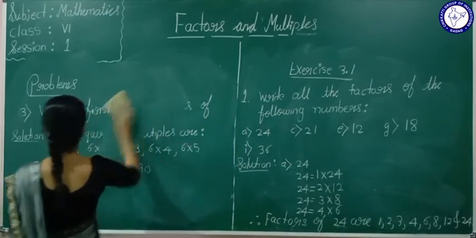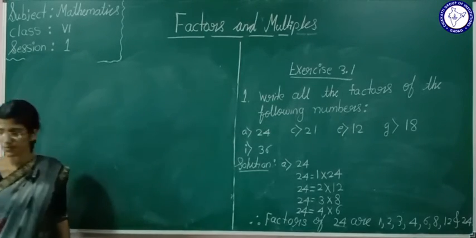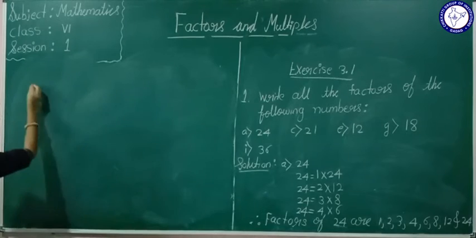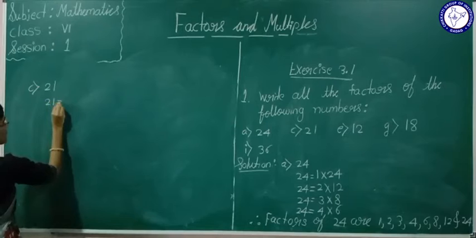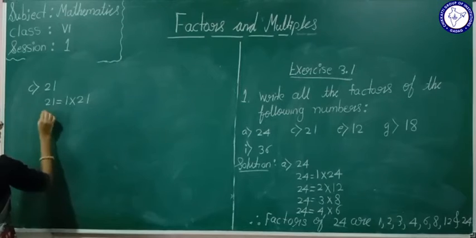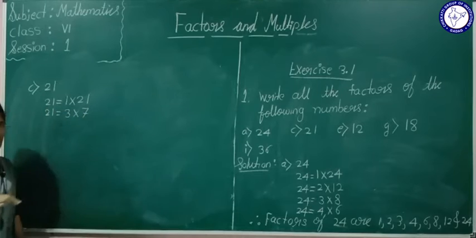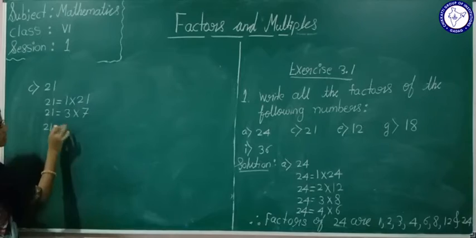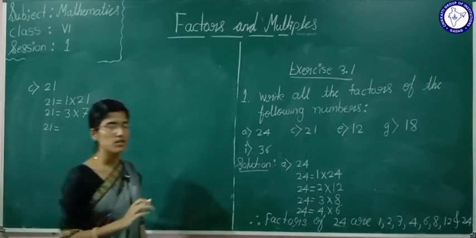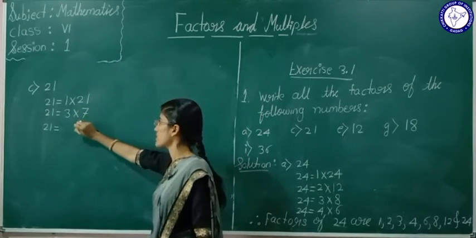Next, C, we will solve now. C is 21. So this 21 can be expressed as 1 21s. Again this 21 can be expressed as 3 7s. 1 21s are 21, 3 7s are 21.